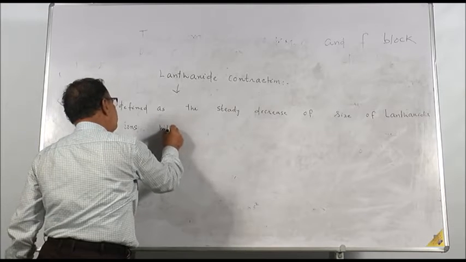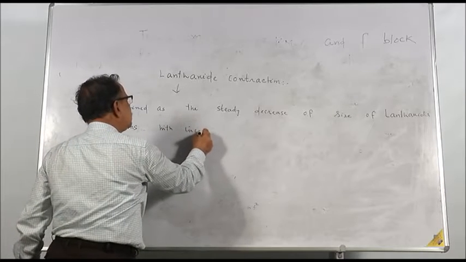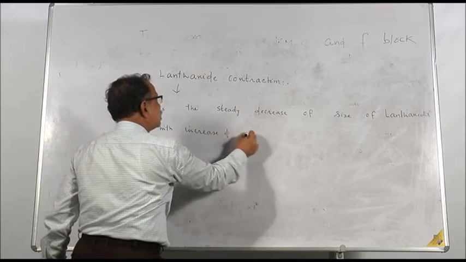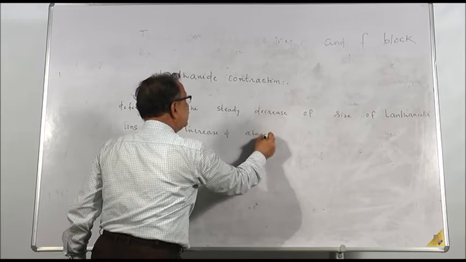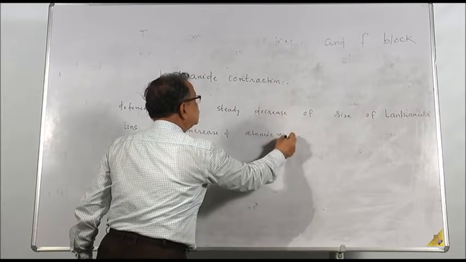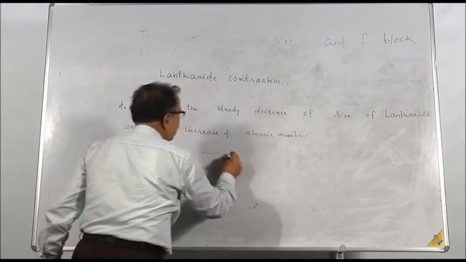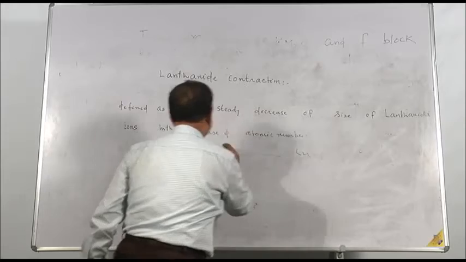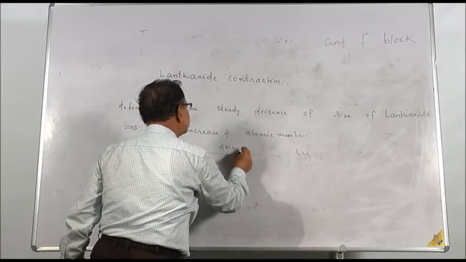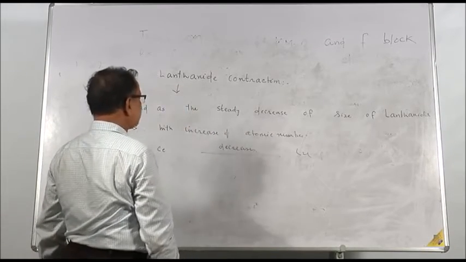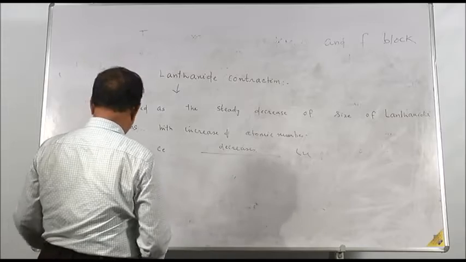As the atomic number increases, the size decreases. From cerium to lutetium the size decreases. The decrease of size is called lanthanide contraction.